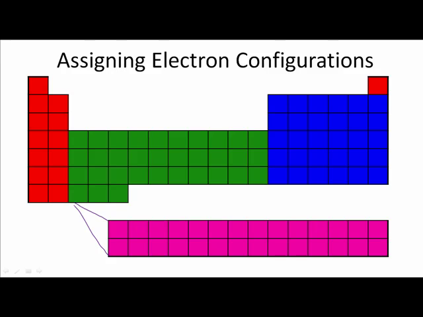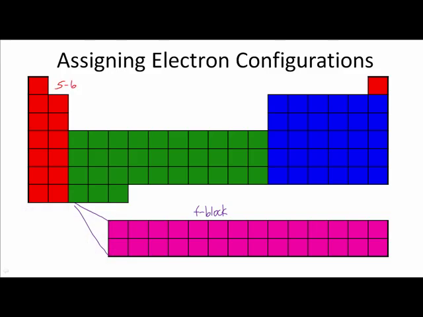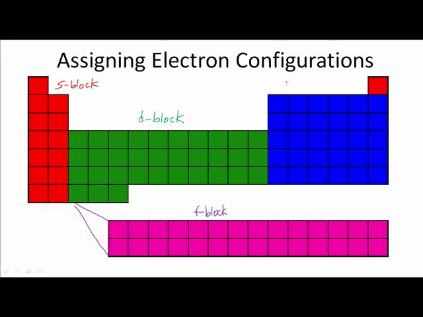That corresponds to the F. So we have what we call the F block here at the bottom. Over here on the left, we have the S block. In the middle, we have the D block. And on the right-hand side, we have the P block.